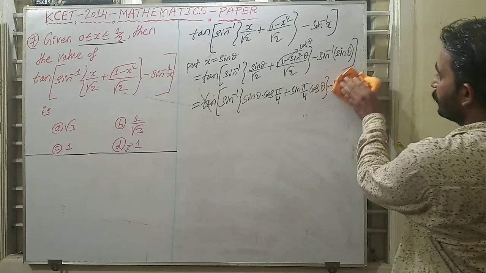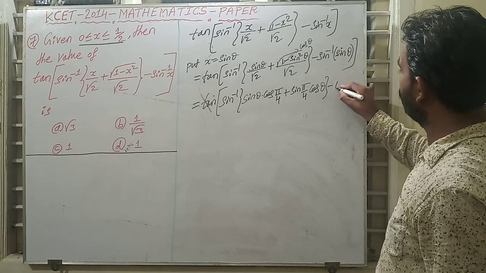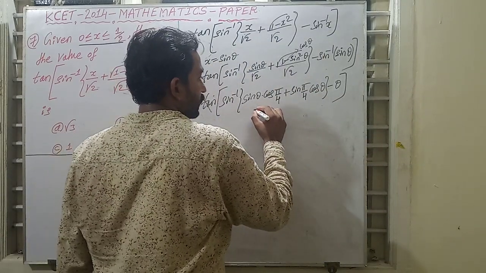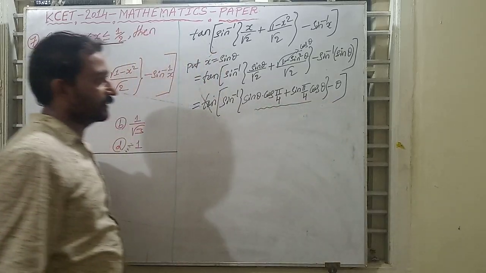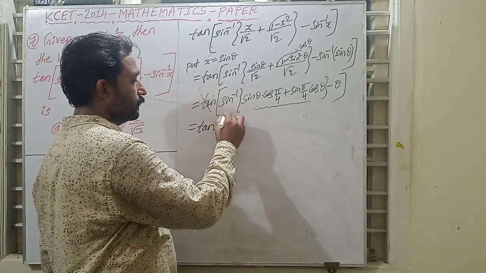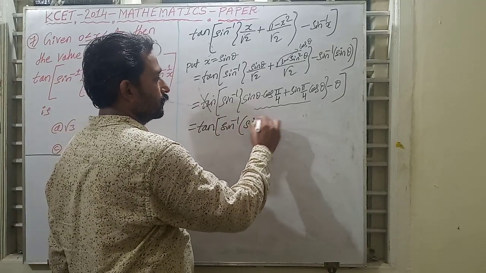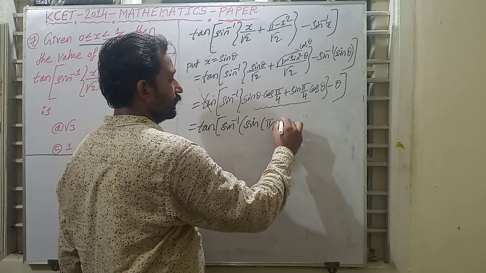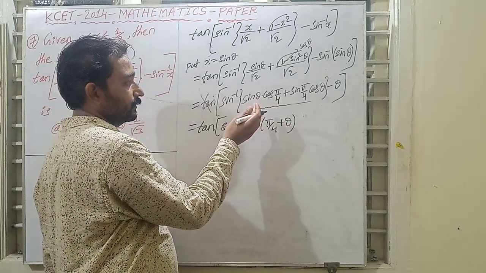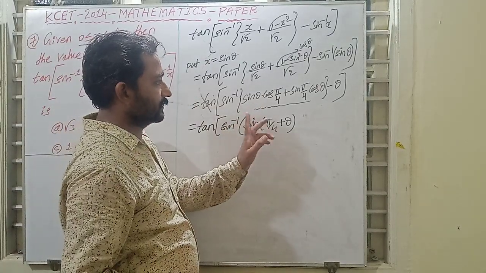So sin inverse and sin cancel, it can be written as theta directly. Bracket close. So this is in the form of sin of a plus b, that is sin a cos b plus cos a sin b.